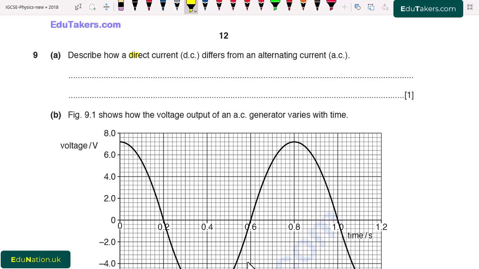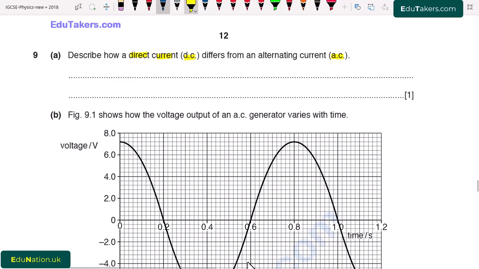Question number 9, part A. Describe how a direct current, DC, differs from an alternating current, which is also AC. Here we have to differentiate between direct current and alternating current. Direct current is one that has a constant value, or we can simply say that direct current flows in one direction and does not change its polarity.